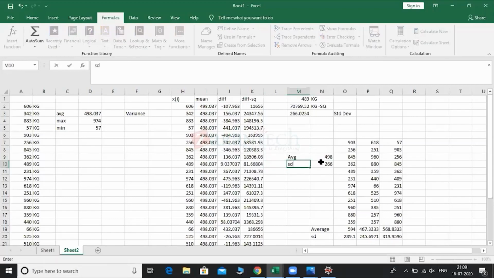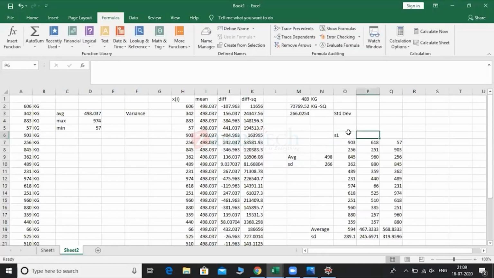And similarly, we have taken 3 samples, S1, S2, S3. For these 3 samples, these are the means and standard deviations. Now you tell me which of the samples is very close to this population.